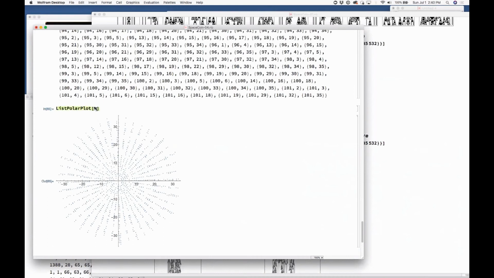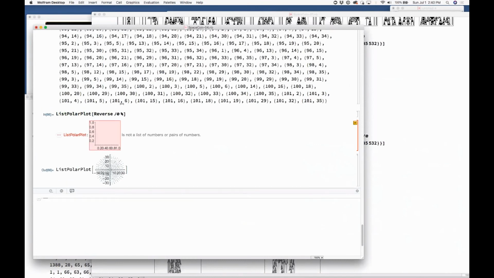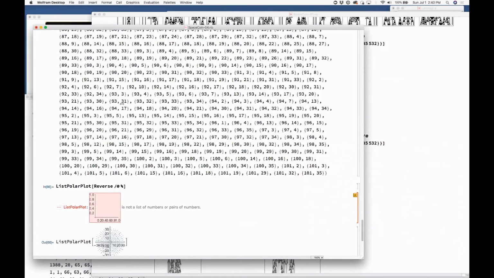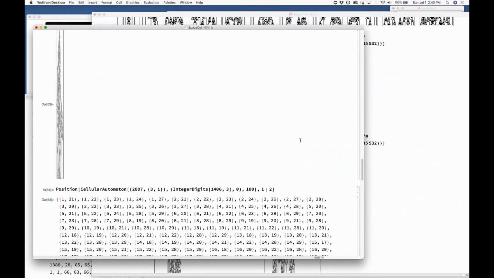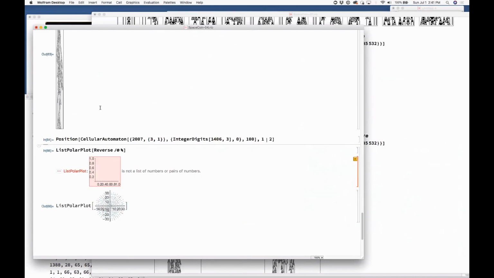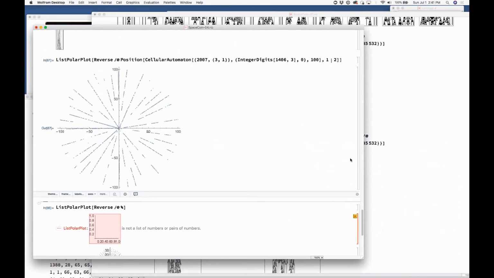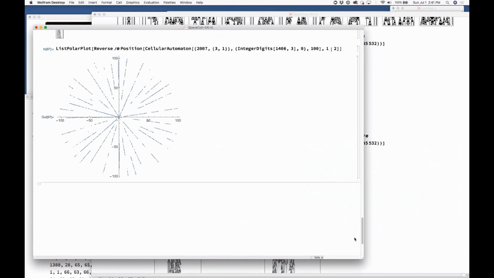Actually, we could try, so each thing, oops, what did I do wrong? What I want is, there we go, this thing here, and I want to reverse each of those, and then a list polar plot of that. And that was boring. Okay, so there's probably a better way to do this.